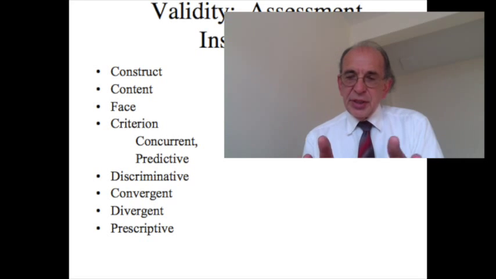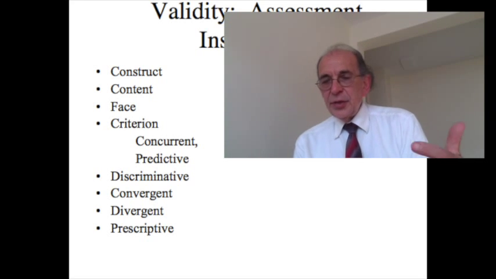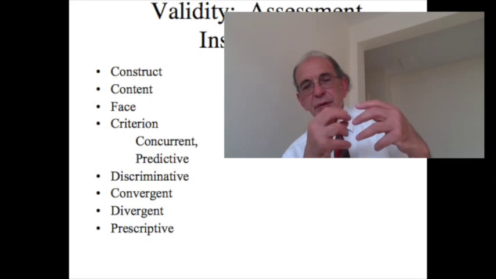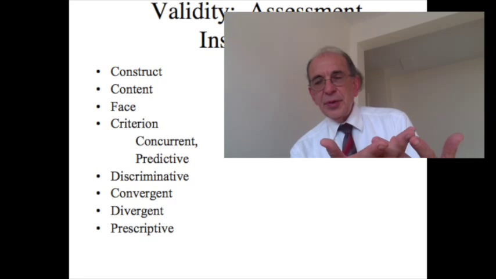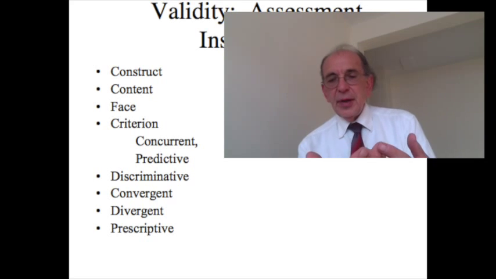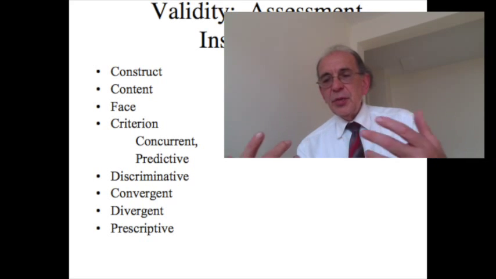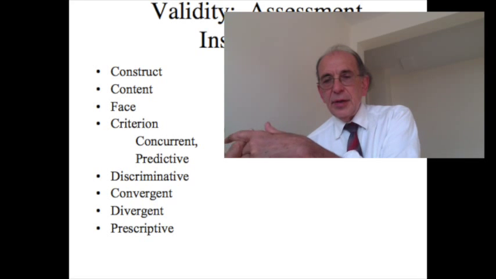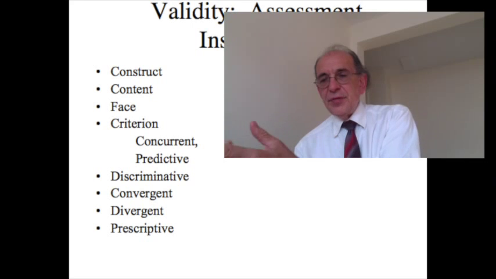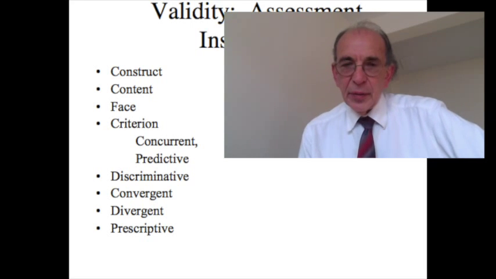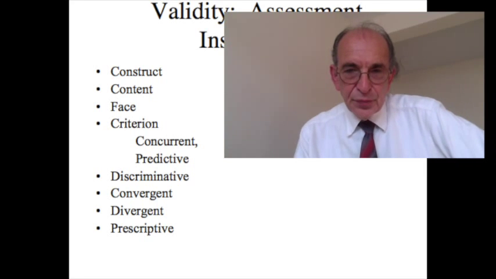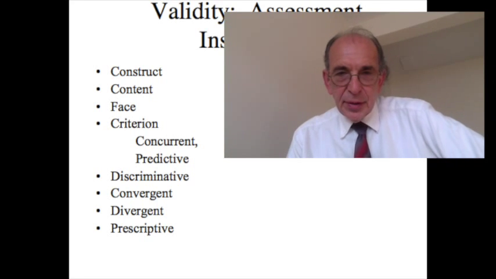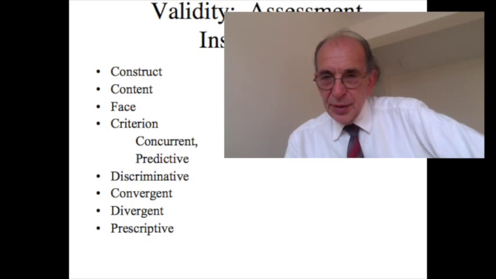So you have convergent and divergent validity related to items that go together to measure similar aspects of language, to assess similar aspects of linguistic behavior, and distinguish those from items that assess different components of language. So thus, convergent and divergent validity.